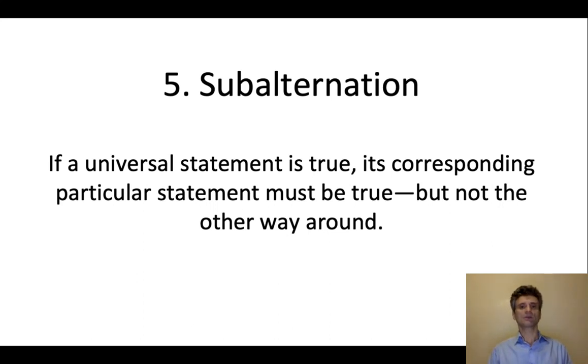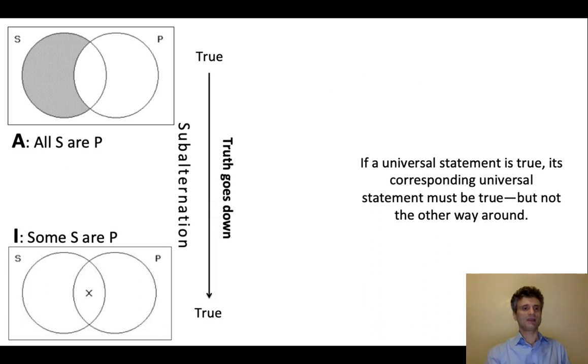According to subalternation, if the universal statement is true, this implies, by logical necessity, the truth of the particular, but not the other way around. So if A is true, I must be true, but not the other way around.